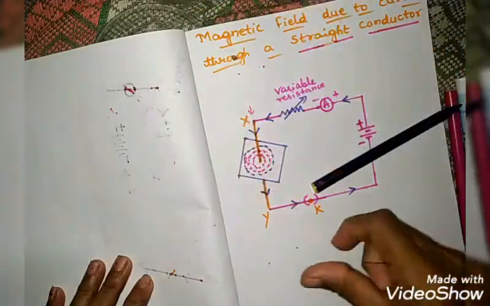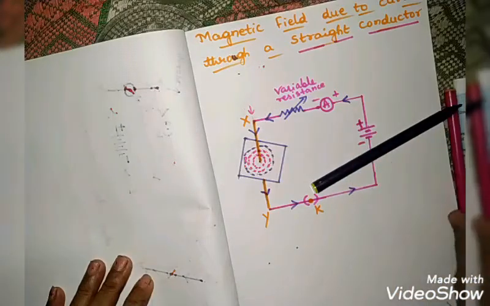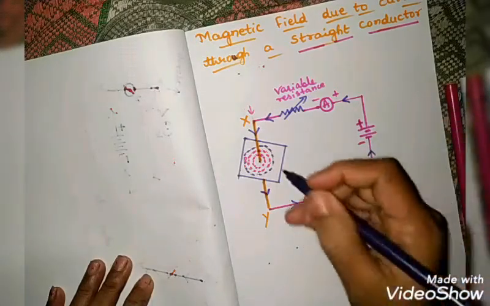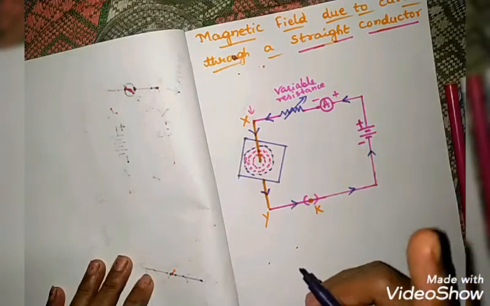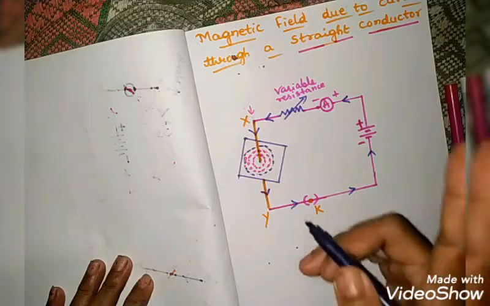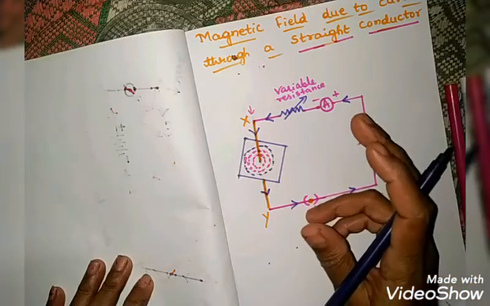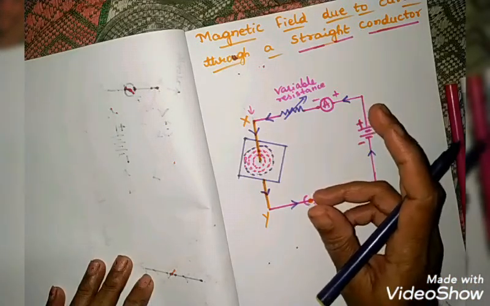And the magnetic field is a vector quantity, so it also has direction. Magnitude and direction are there for the magnetic field also.